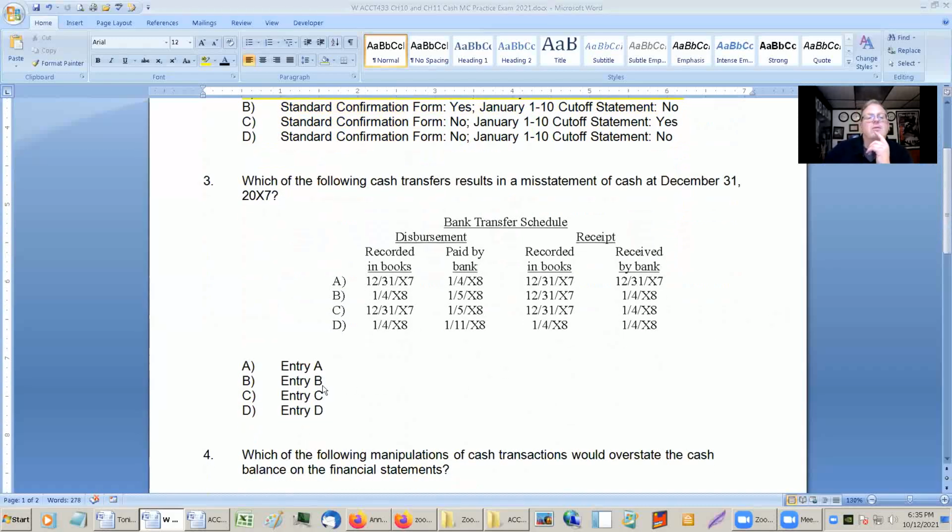Now the very hardest one on here. Okay, so our rules are that it has to be recorded on the books at the same time or before. And the two that break that rule are these two.